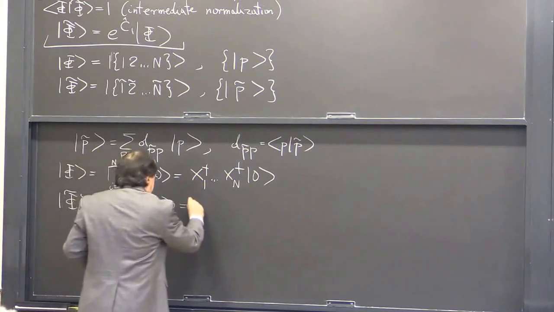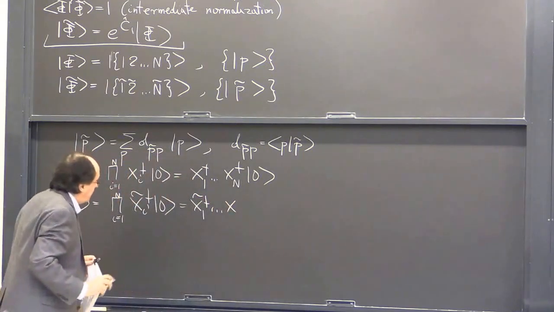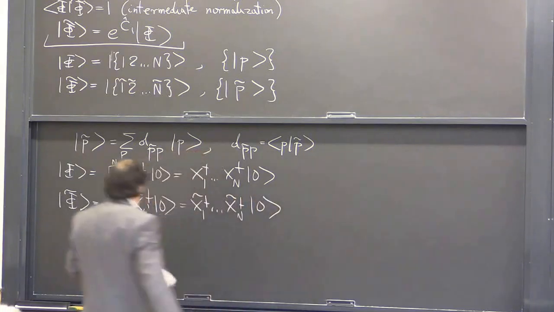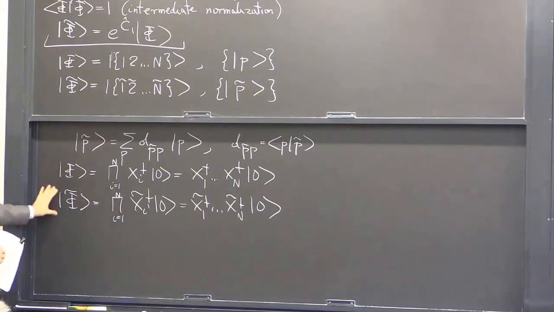Explicitly, once again, it's a product of x1 tilde dagger through xn tilde dagger acting on the true vacuum. So now I have my second quantized expressions for phi and phi tilde: phi in the original basis of p's, phi tilde in the new basis of p tildes.